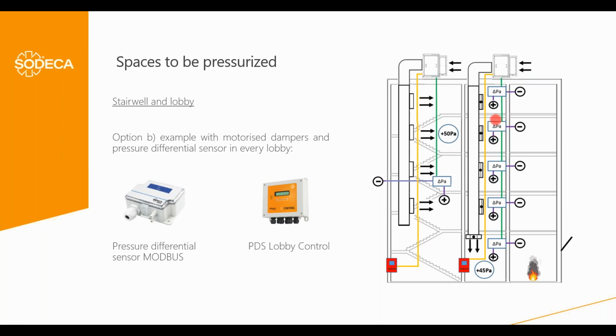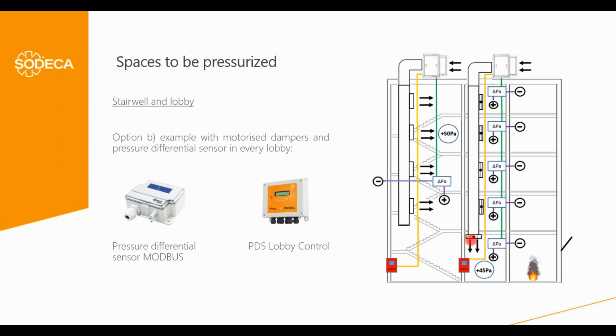In that case, instead of grills, we will put motorized dampers, and we will put pressure sensors on each level, all connected through the main control panel, so that in case of a fire, only the pressure sensor of the fire level is activated. The signal of this pressure sensor is sent to the PLC in the control panel, and this is used to modulate the flow on the lobby.